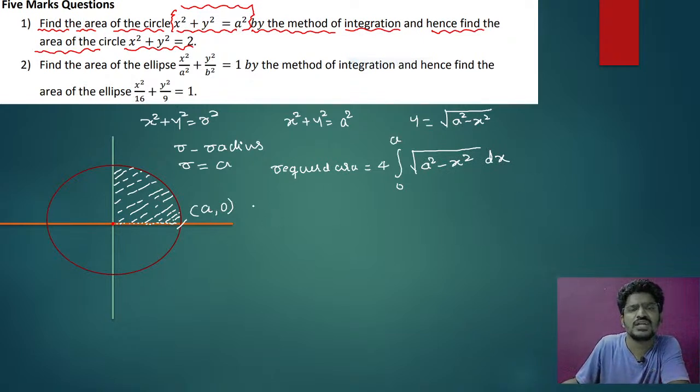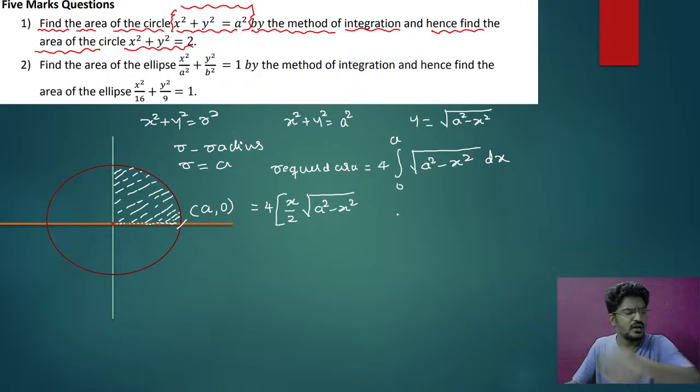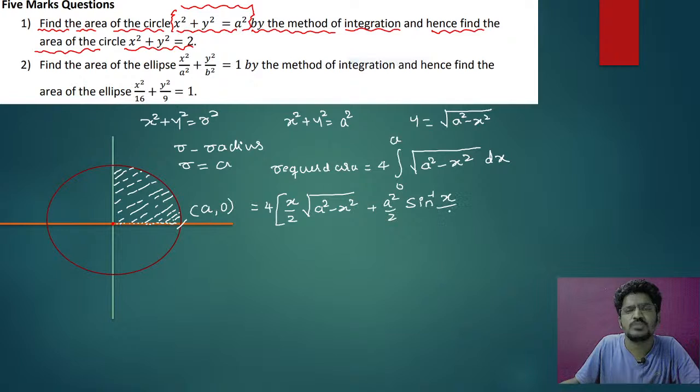So this is equal to 4 times, you have to apply for the square root of a square minus x square, the formula: x by 2 square root of a square minus x square plus a square by 2 sine inverse of x by a.